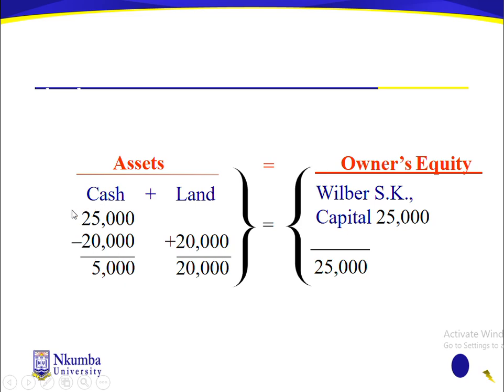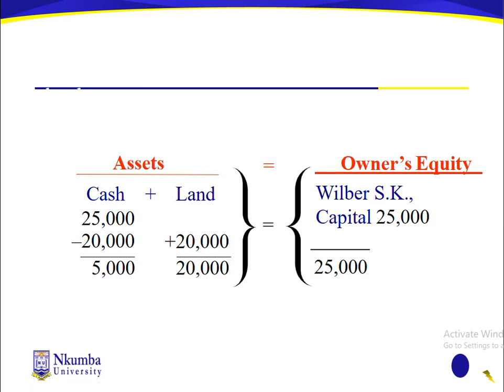So then, if we are to balance these accounts, we see that the bank account which had $25,000 is reduced by the $20,000 that is going to buy land, and therefore the bank account will reflect a balance of 5,000. And then here we see that land has received $20,000.